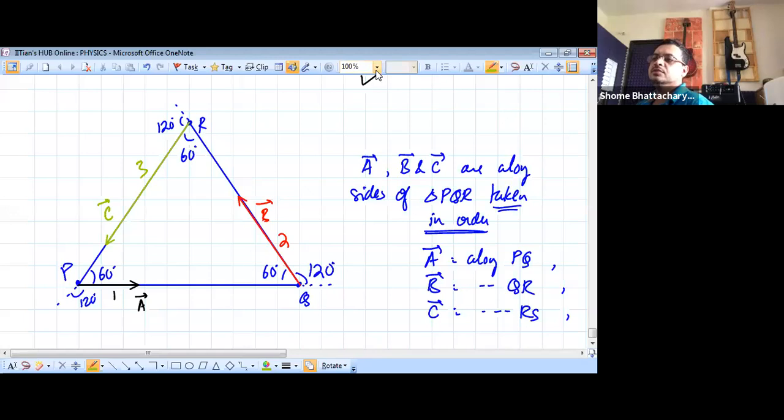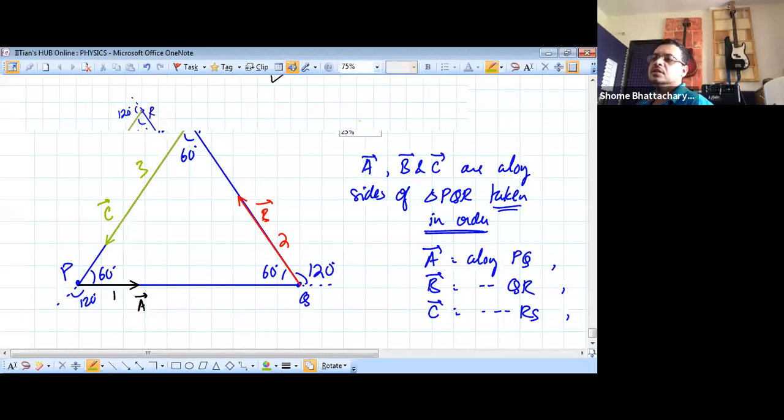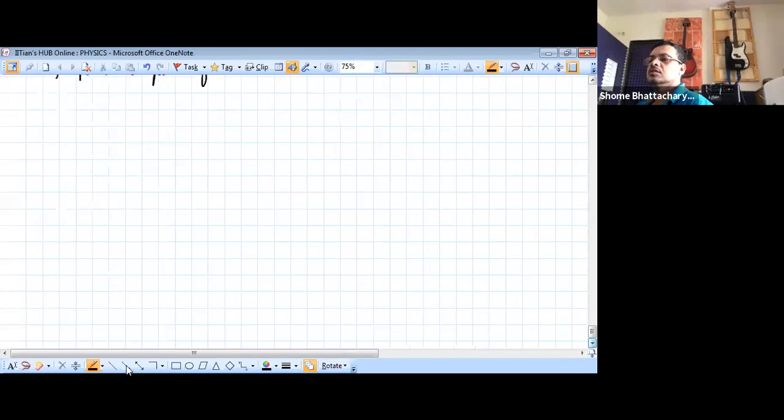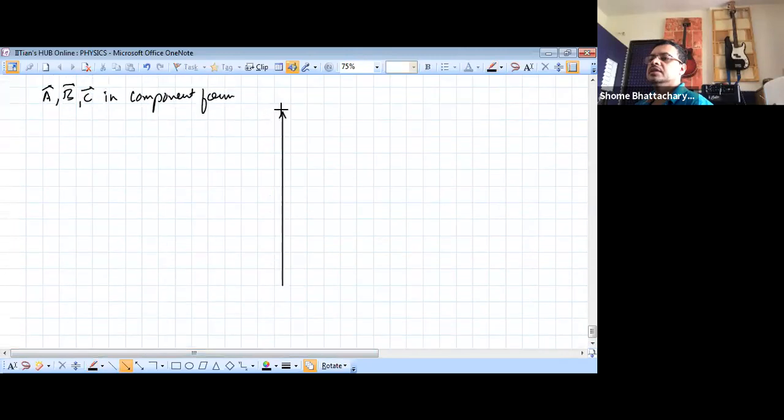So the easiest way to deal with this now is next we convert A, B, C to component form. So next what we'll do is express A, B and C in component form, where we just take our xy axis, suppose like this. We take our xy system such that our x-axis is parallel to the base of the above triangle. So that means our vector A should become along the x-axis.